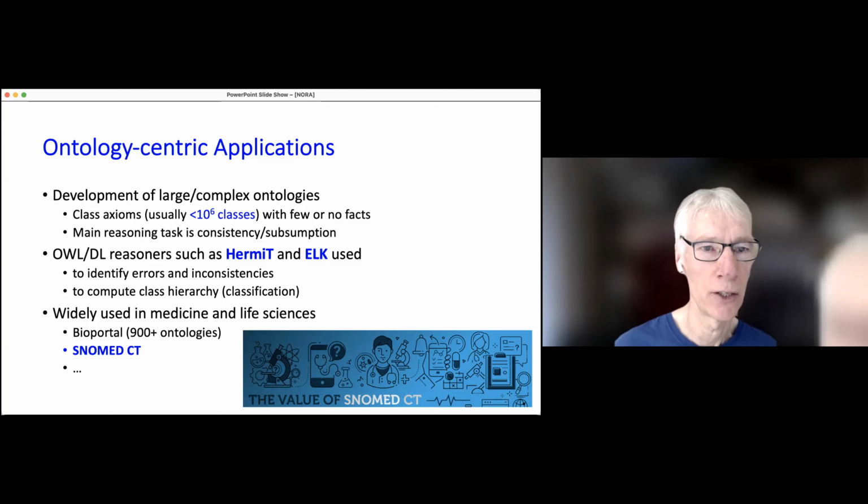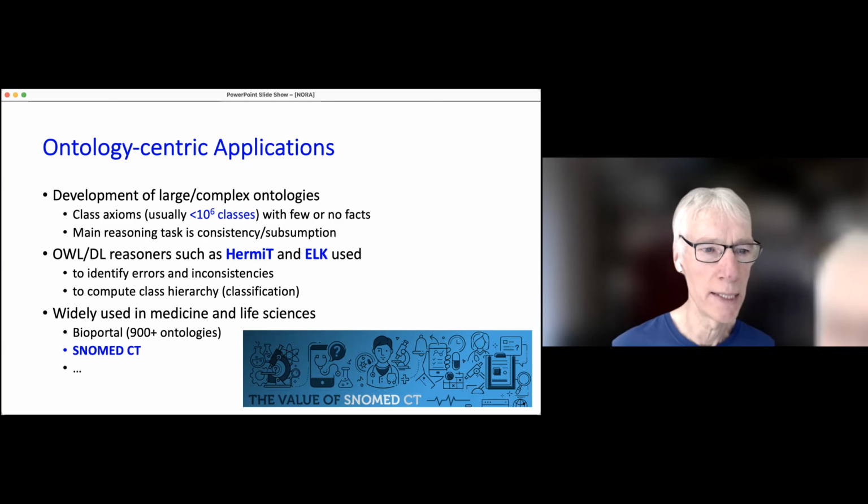So these are applications where the main focus is actually on constructing a very large schema. And these can be pretty large. Some schemas, ontologies that I've seen have hundreds of thousands of classes, but that's pretty much the limit. I don't think I've ever seen an ontology with more than 1 million classes in it.